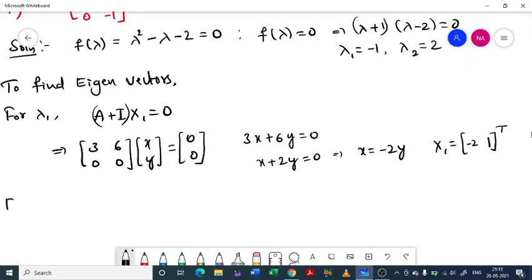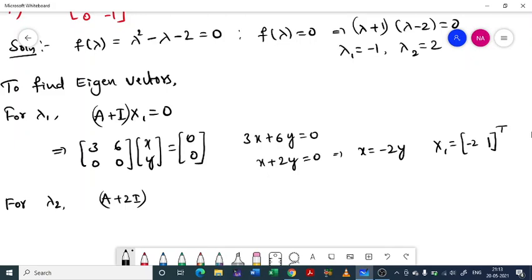For lambda 2, it will be 2, right? Lambda 2 is 2, so A plus 2I. A is [2 6; 0 -1]; adding 1 gives [3 6; 0 0], since minus 1 plus 1 is 0.